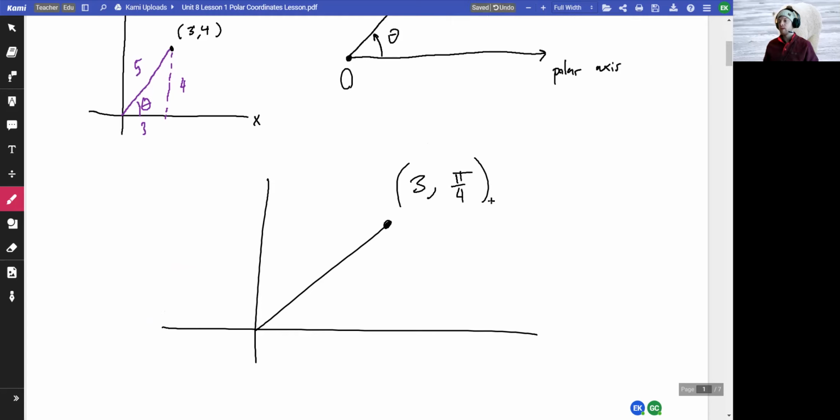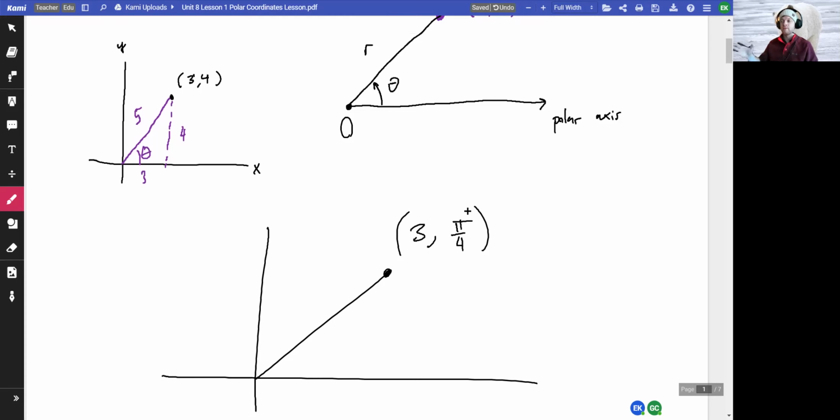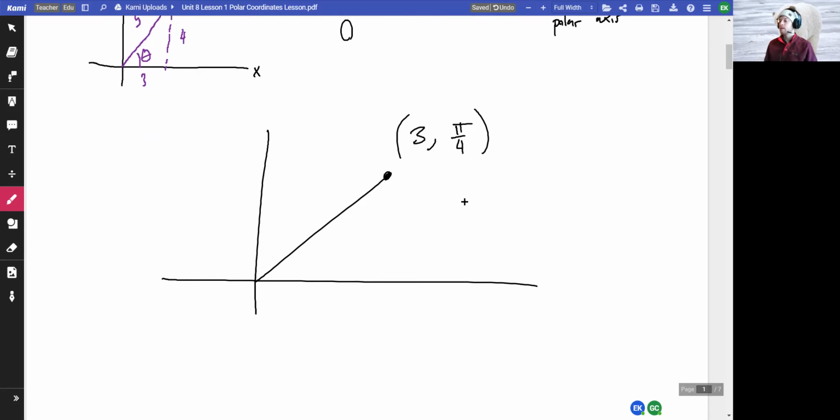So my original question was, can we describe the point (3, 4) differently using Cartesian coordinates? And the answer is no. A coordinate in the Cartesian system describes a point uniquely. But down here in my polar coordinate system, r comma theta, can you give me a second set of coordinates that describe that point?